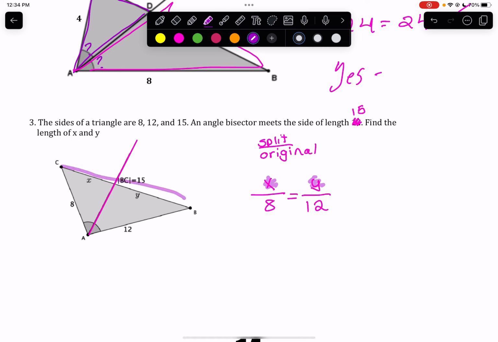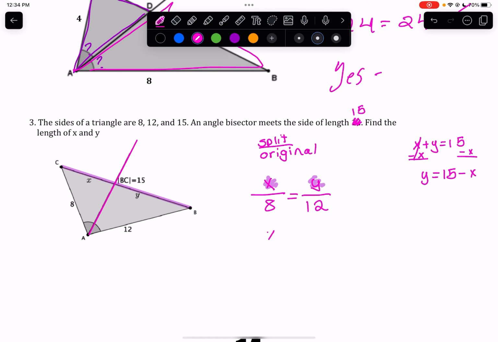So you have to think, how can I rewrite one of these variables in terms of the other? Well, I know that x plus y must equal 15. So I can actually write y as 15 minus x if I subtract x from both sides.